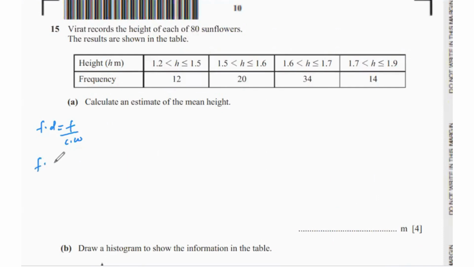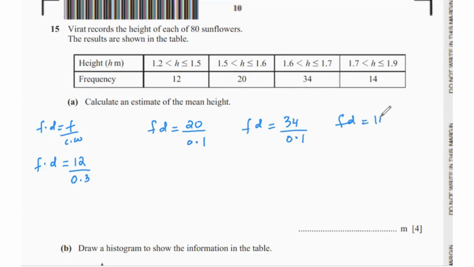So for the first one, frequency is 12. Class width is the difference between the upper bound and lower bound of the interval. So 1.5 minus 1.2 is 0.3. And for the other one, we do 20 divided by 0.1. Then 34 divided by 0.1 and 14 divided by 0.2.